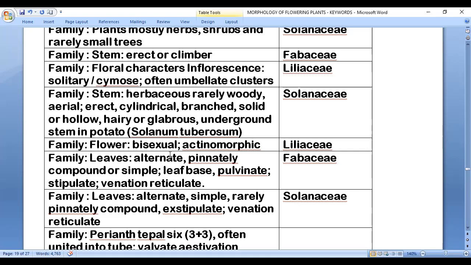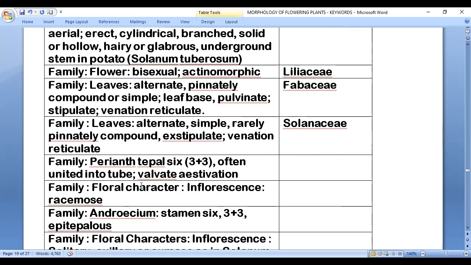Inflorescence racemose. Perianth tepals 6, 3 plus 3, often united into a tube, valvate aestivation, Liliaceae. Floral characters, inflorescence racemose, Fabaceae.